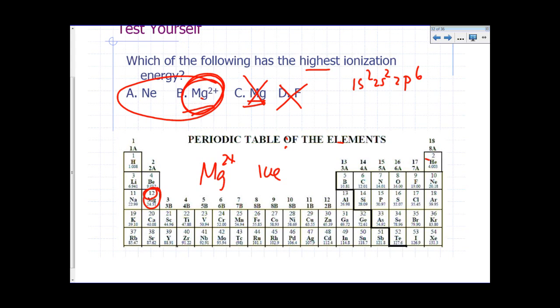Magnesium +2 would have a higher ionization energy because it has more protons compared to neon. It has 12, neon has only 10 protons pulling in those outer electrons. So the correct answer is magnesium with a +2 charge.